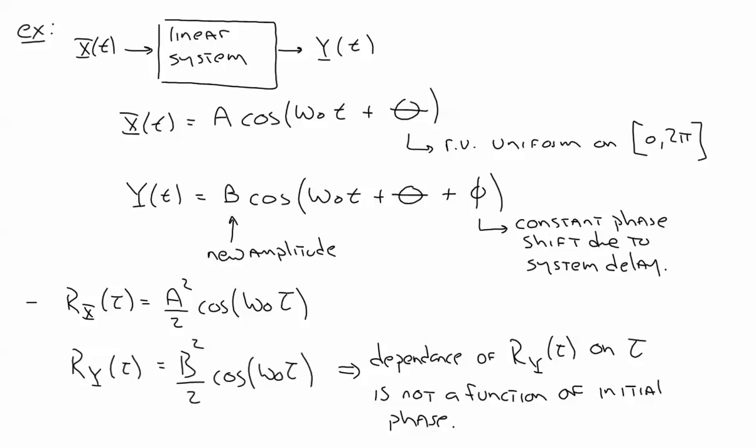So therefore, it's independent of little phi. So if I've got a sinusoid random process, as we have for both X and Y, the autocorrelation is independent of any fixed phase constant.